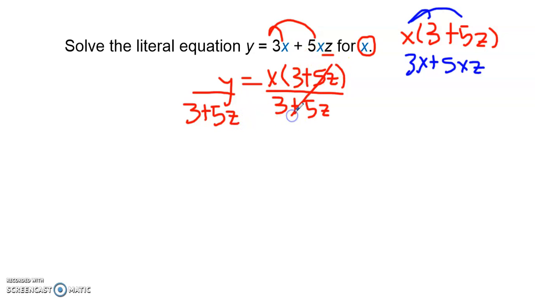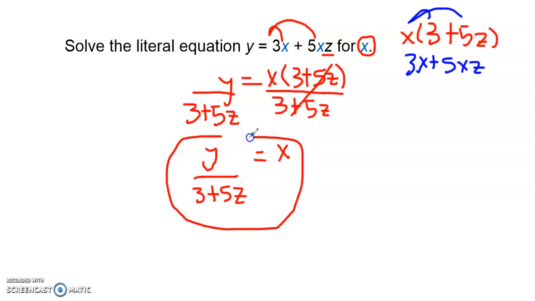So that will cancel and leave us with just an x on this side, which is exactly what we want. And then we'll just rewrite this because we can't combine anything over here. Alright, so x equals y over 3 plus 5z.